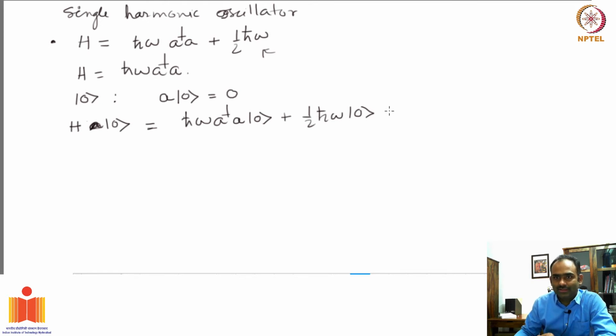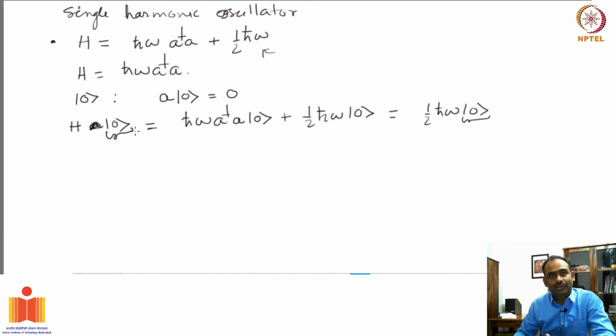What you get here is that a acting on the ket 0 will kill this state. That's how it has been defined. So this piece goes away, and what you are left with is half h bar omega ket 0. So clearly this state ket 0 is an eigenstate of the Hamiltonian with energy half h bar omega. If it is an eigenstate, the eigenvalue is energy. So that's the energy of this ground state, and you already know it's a ground state.